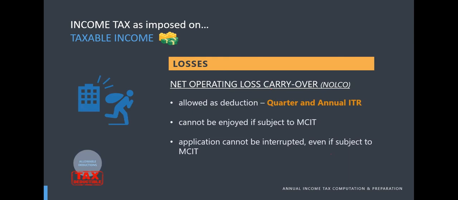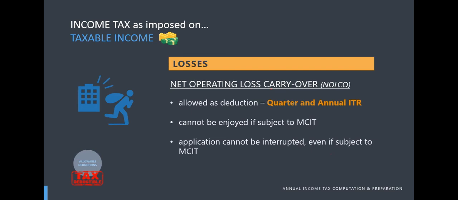Say, for example, there is a net operating loss incurred during 2020. However, in the same year or in the same taxable period, the company is subject to the minimum corporate income tax instead of the regular corporate income tax.